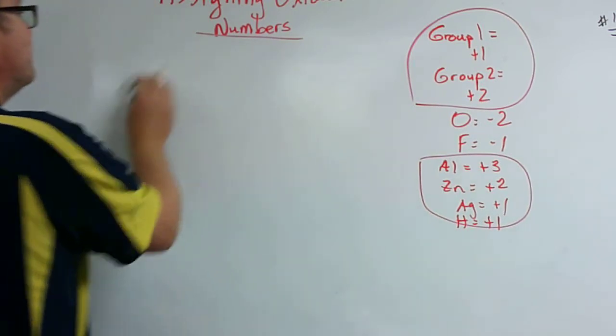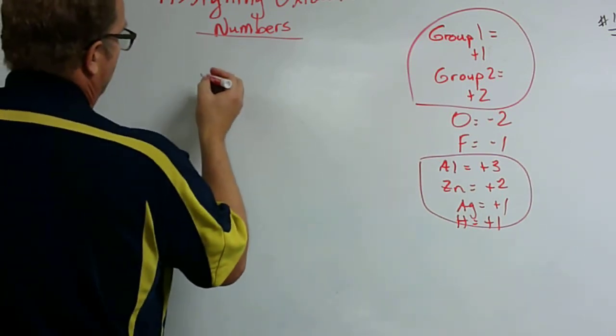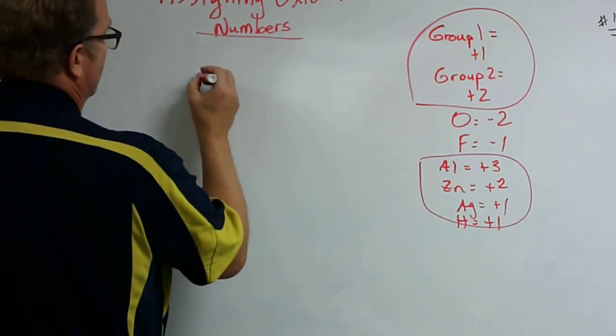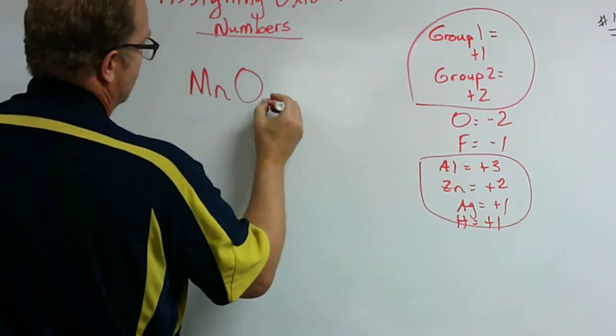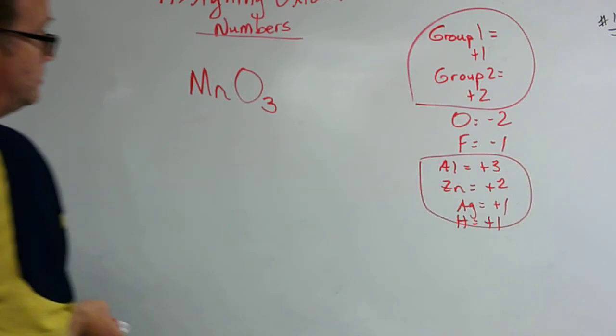Let's do one that is a little bit abnormal. Those are the ones I said are not going to actually go according to plan. And let's say I wanted to try to figure out what the Roman numeral is for this one, because it doesn't follow standard things.